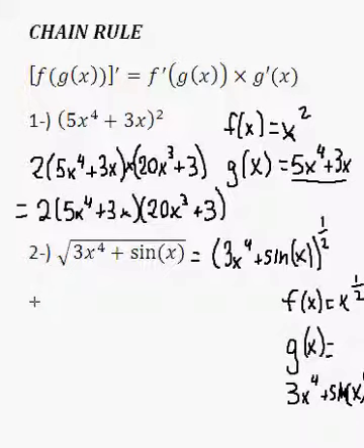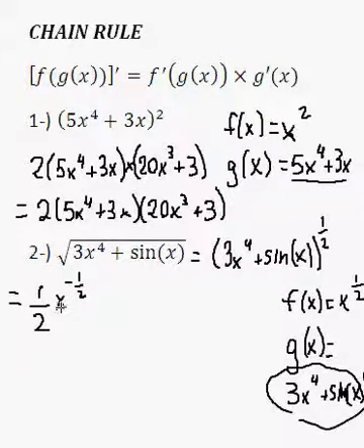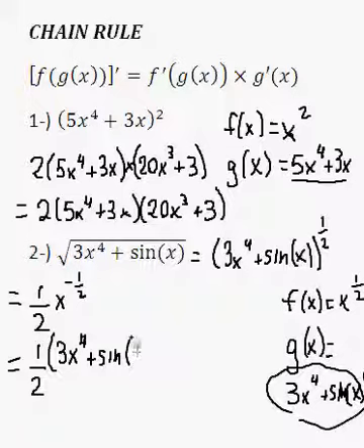Okay, anyways. So the derivative of the outside function, I can just use the power rule, bring the half down below, and subtract 1 from the half and get negative half, right? Great. Except for the fact that, of course, I should be plugging the g of x for this x instead. So half bracket 3x to the 4 plus sine x to the power of negative half.